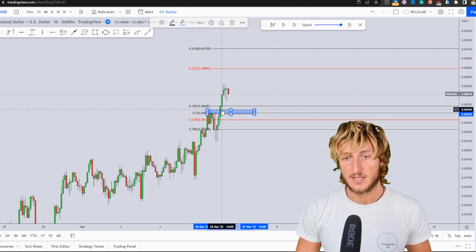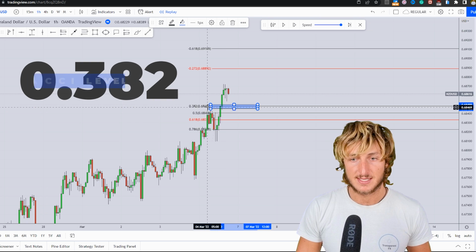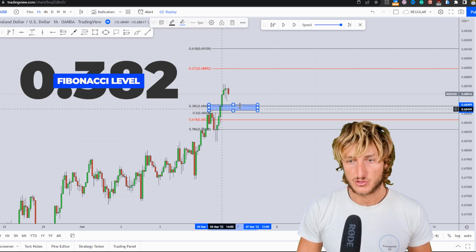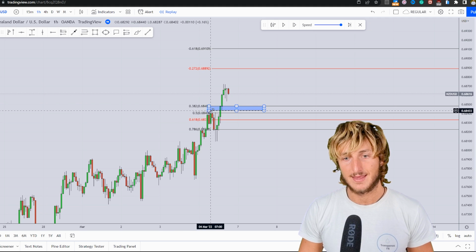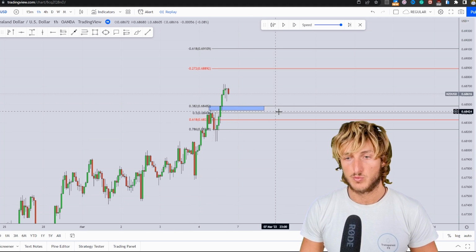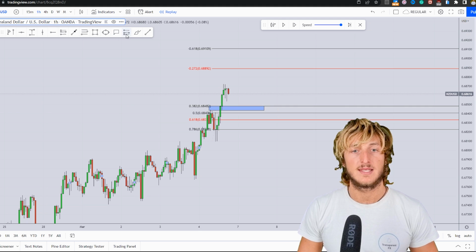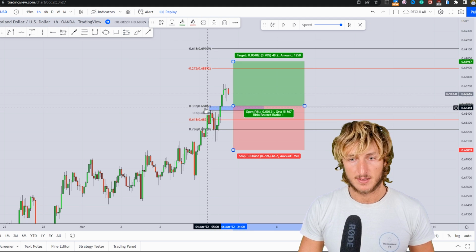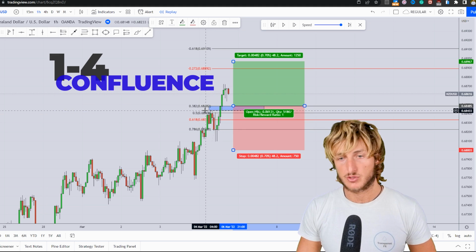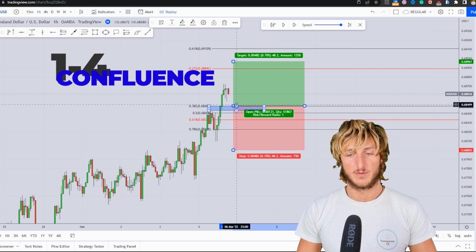In this case, the first Fibonacci above the structure is this 0.382. The structure is here, meaning that the confluence zone in between the 0.382 and the previous resistance turned support would be this one here, meaning that in this case, the buy limit order would be at this 0.382, just above the structure, just above the confluence area.